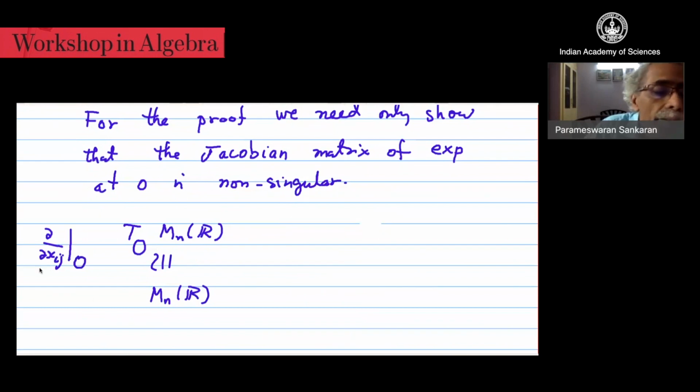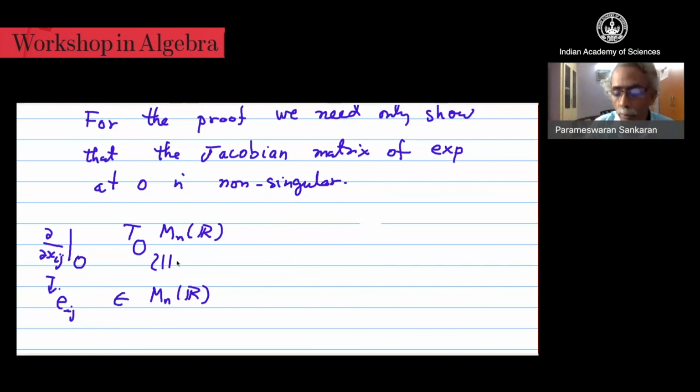You just consider it as the elementary matrix E_ij, where the ijth entry alone is 1 and the rest of them are 0.